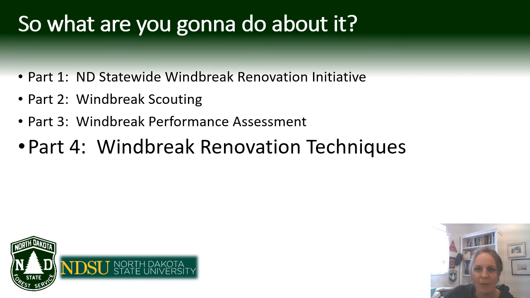So now we have gathered all of this information and we're ready to make a plan for how we, the windbreak's human caretakers, can help the windbreak be its best self so that it can continue to perform its job into the future. Next up in this series about managing mature windbreaks, we're going to talk about windbreak renovation techniques.